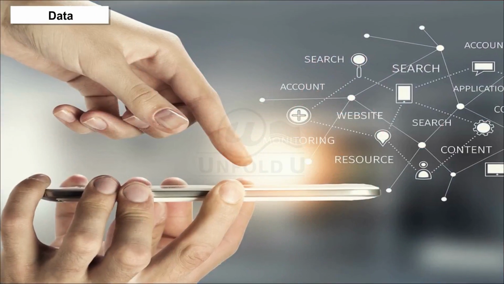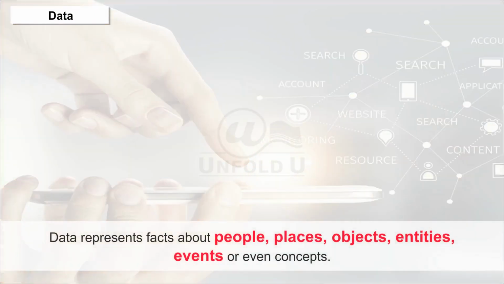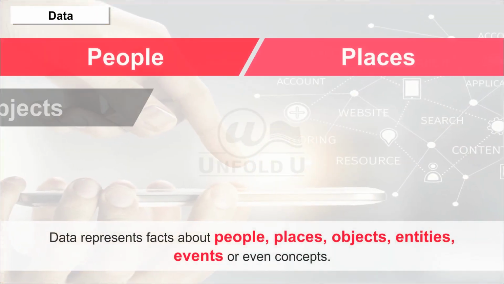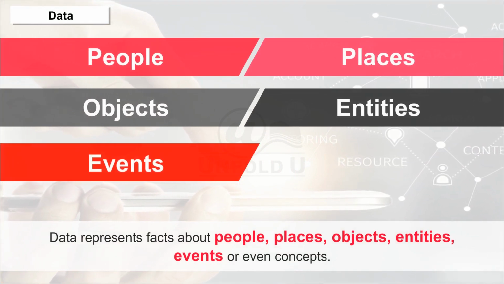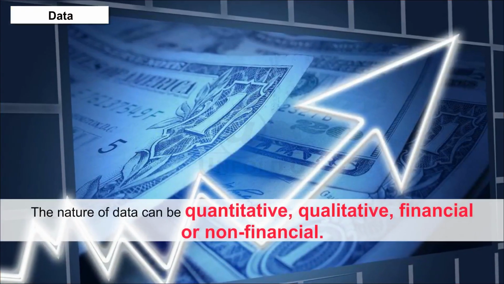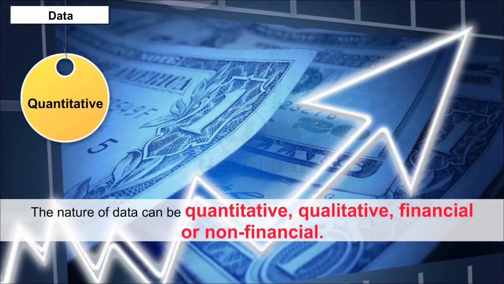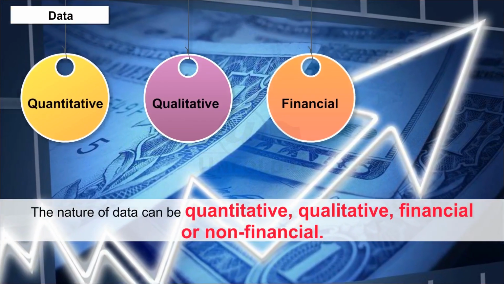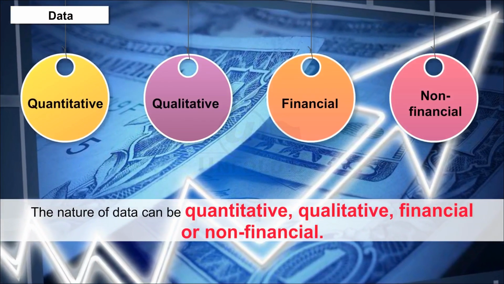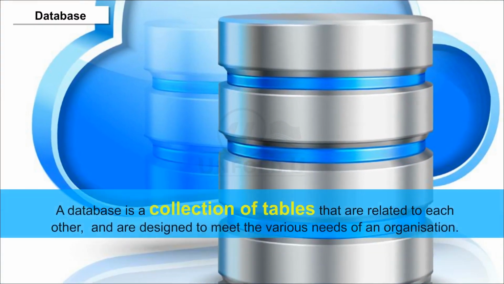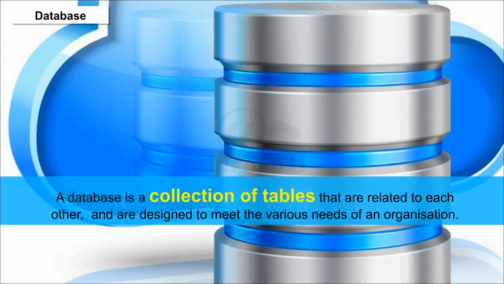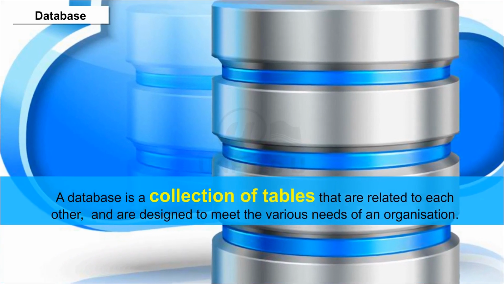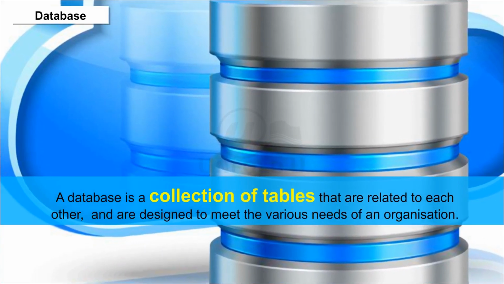Data. Data represents facts about people, places, objects, entities, events, or even concepts. The nature of data can be quantitative, qualitative, financial, or non-financial. Database. A database is a collection of tables that are related to each other and are designed to meet the various needs of an organization.